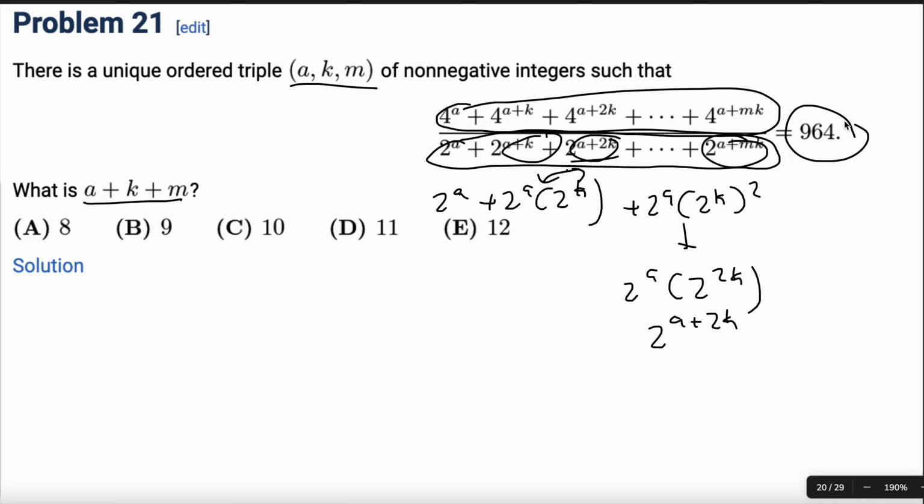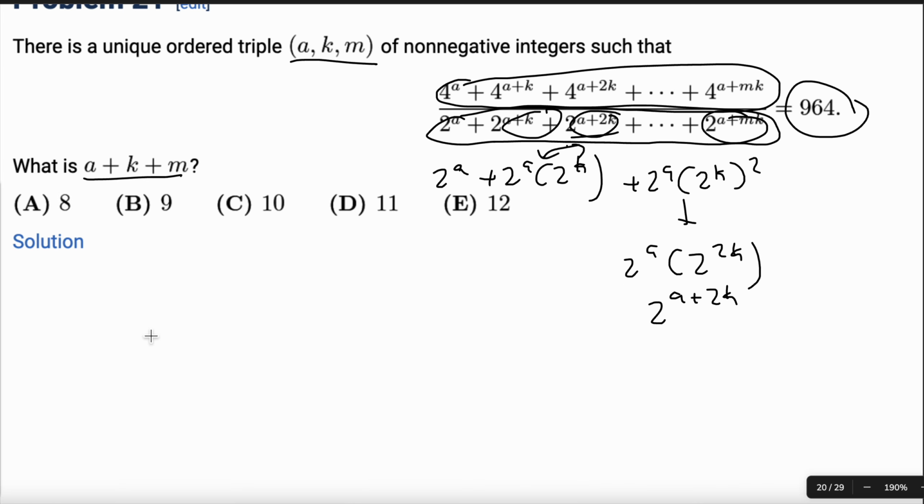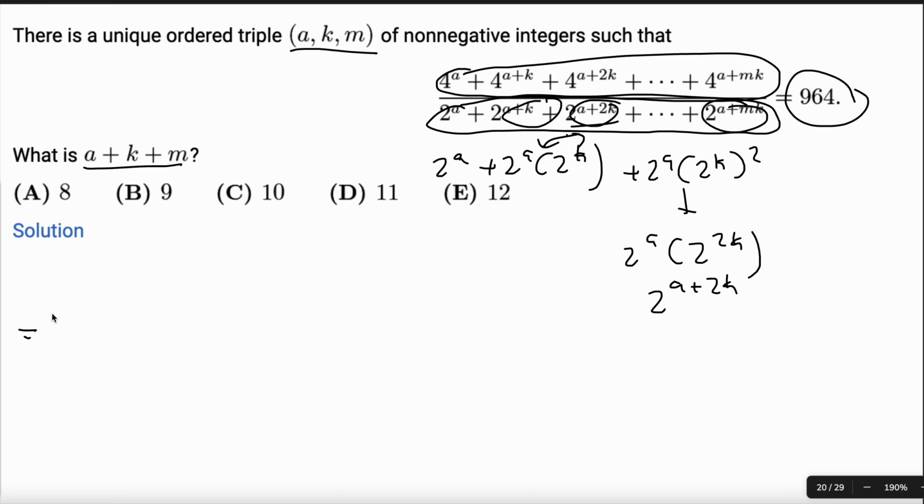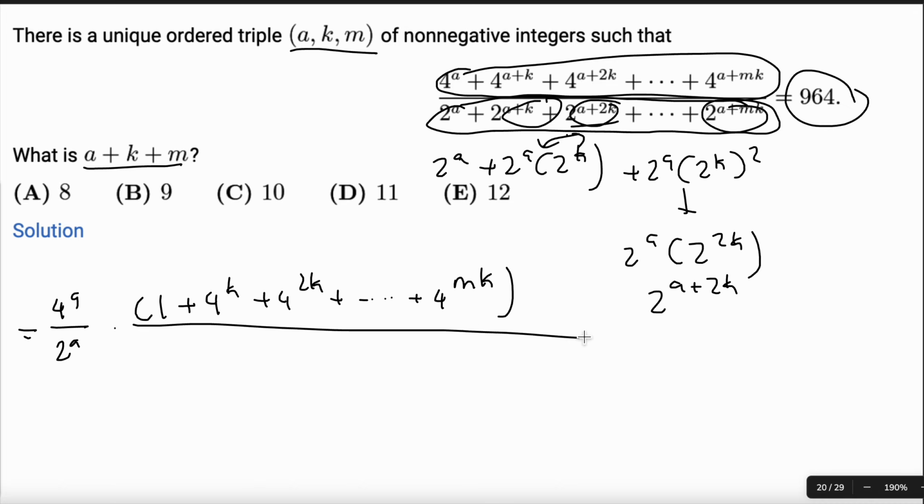And we know that this is equal to 964. So the first thing I'm going to do is just simplify this. This is just going to be equal to 4 to the a over 2 to the a, factor that out, times 1 plus 4 to the k plus 4 to the 2k plus all the way until 4 to the mk, over 1 plus 2 to the k plus 2 to the 2k plus all the way until 2 to the mk, because we're factoring out a 2 to the a in the denominator.